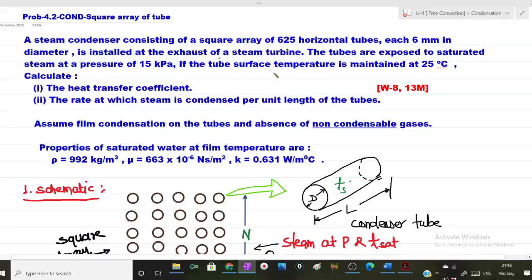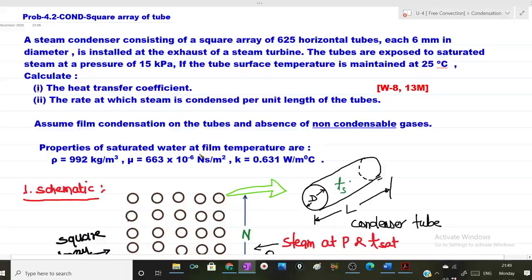If the tube surface temperature is maintained at 25 degrees Celsius, calculate 1. The heat transfer coefficient, 2. The rate at which steam is condensed per unit length of the tubes. Assume film condensation on the tubes and absence of non-condensable gases.